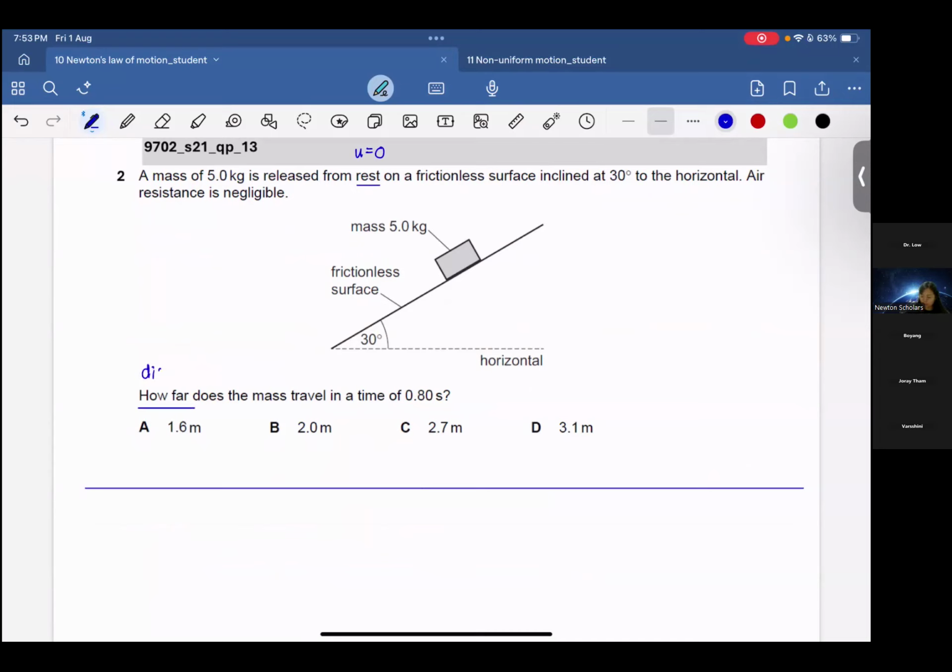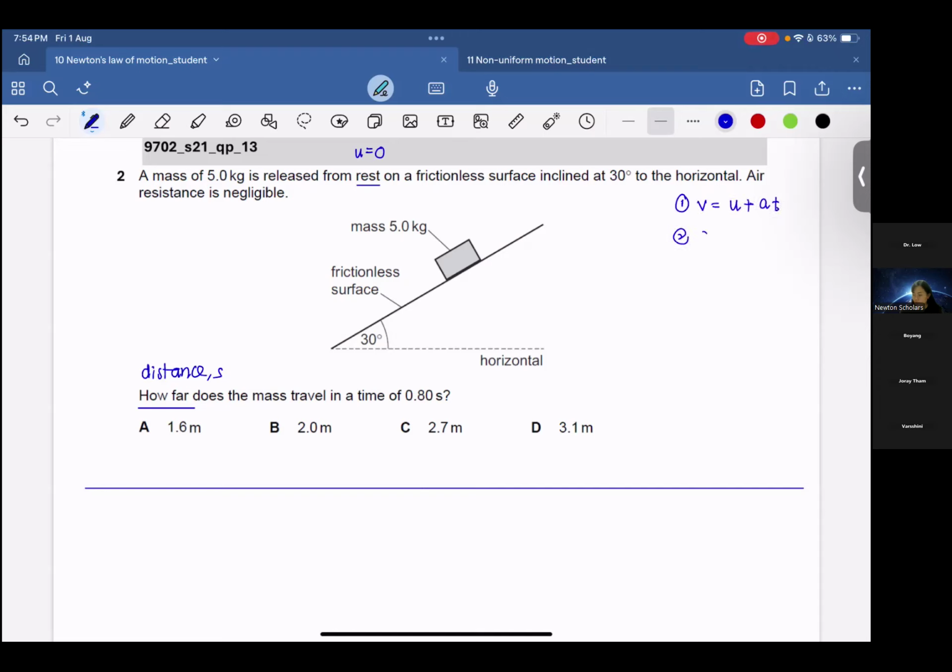Talking about distance, for this question they want you to combine what we learned in the last chapter, chapter 2. In chapter 2, we have 4 linear motion equations. I write them here. V equals U plus at. S equals 1 over 2 times U plus V times t.